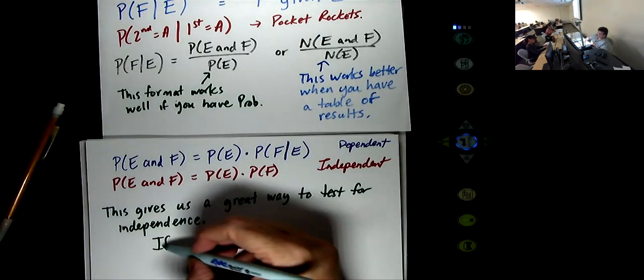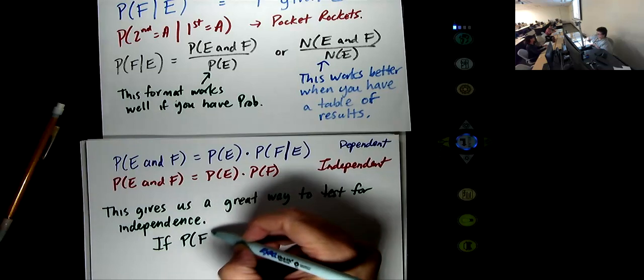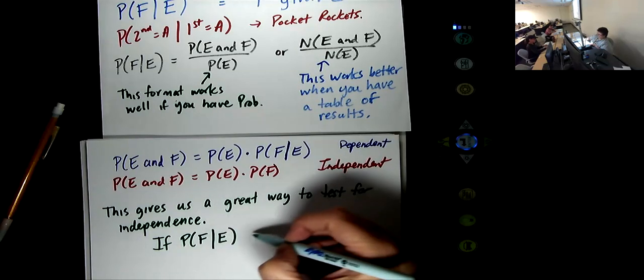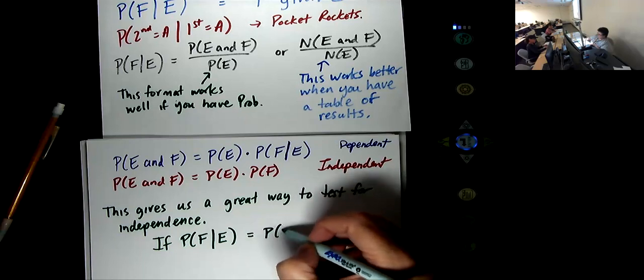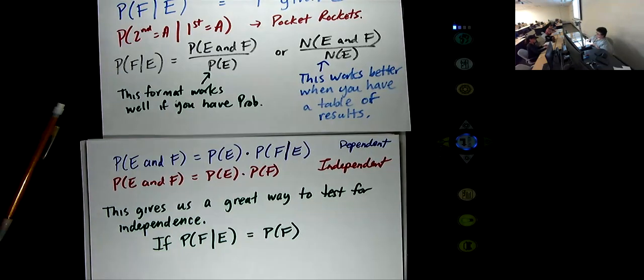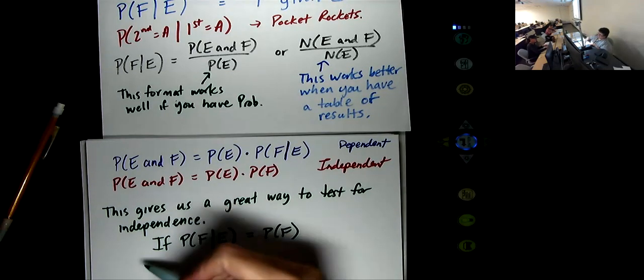If the probability of F given E is the same thing as the probability of F, then F and E are independent.